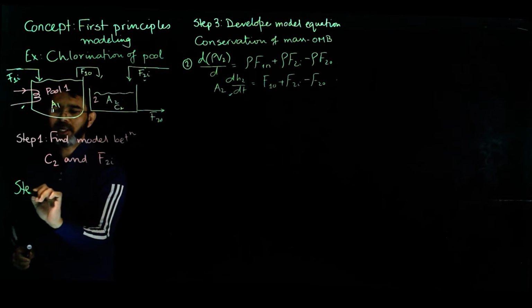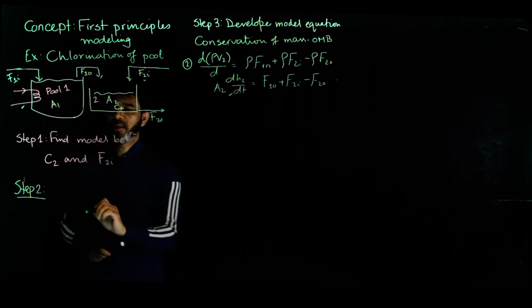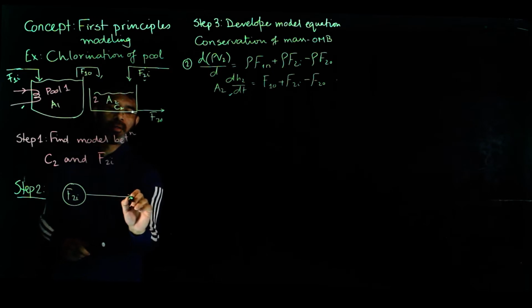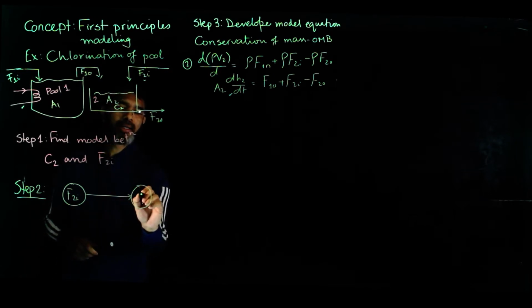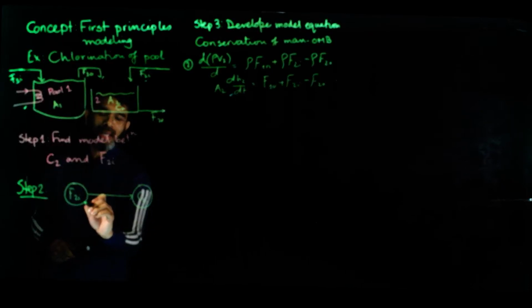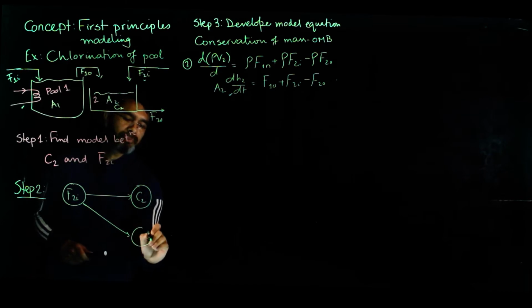Okay? So to find this, let's look at what's the link between these variables. So step 2 will be to gather process knowledge and information, and we see that this F2I will affect C2, but also this F2I will affect H2.